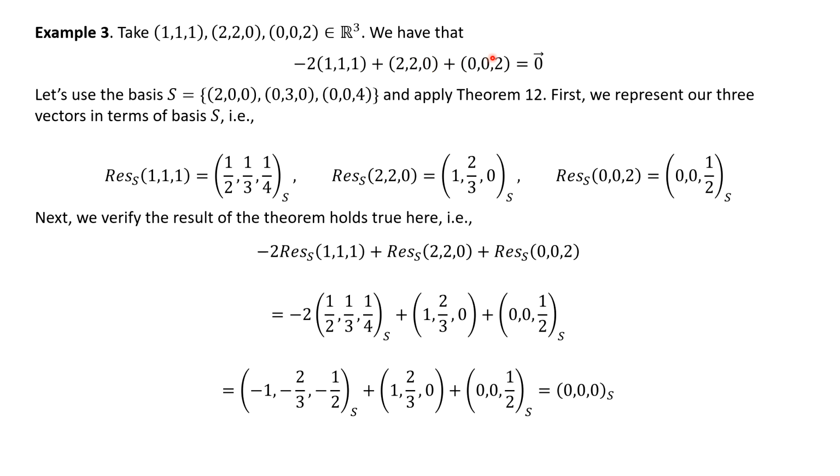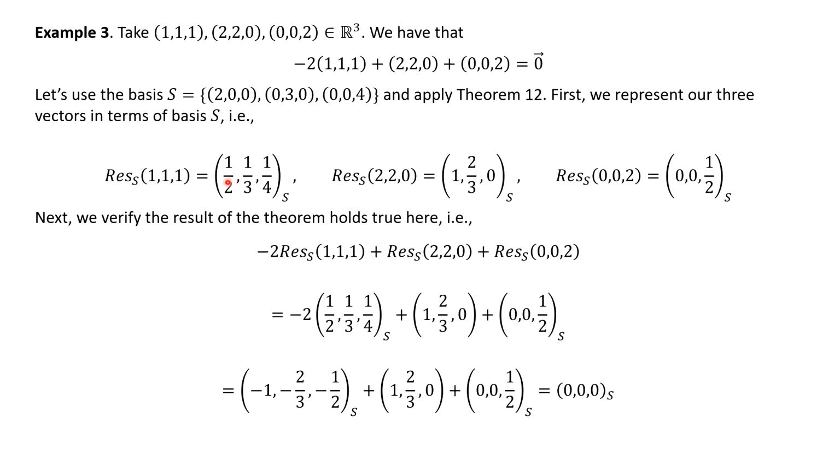There's a 0 here, but this is a 2, so we get 0. And then we can use a basis, S. I've used this one here, (2, 0, 0), (0, 3, 0), (0, 0, 4). And what we want to show is that if we take these three vectors and represent them in terms of the basis S, then when we take the minus 2, 1, and 1 as the coefficients for the representations, we also get 0.